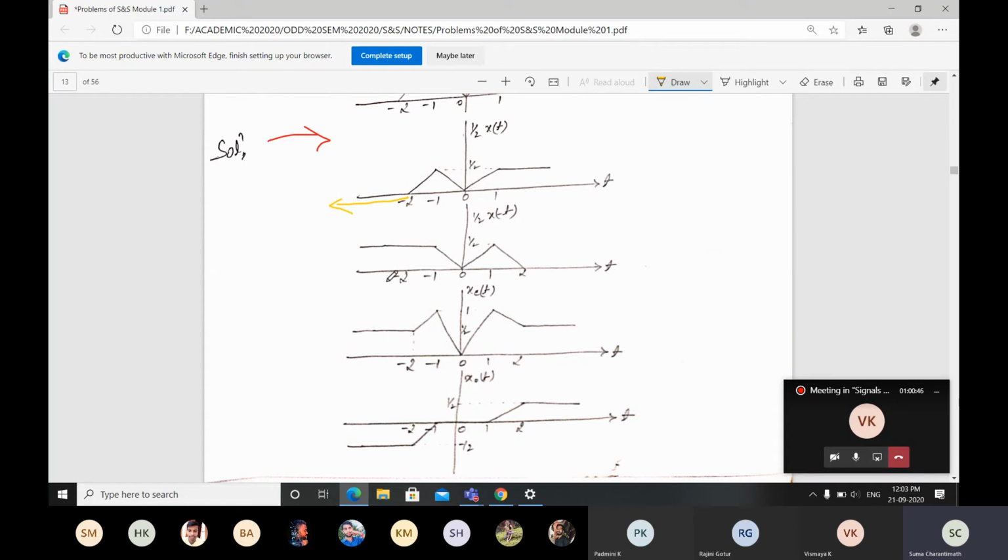Here, from minus 2 till infinite value, it is having the amplitude as 1 by 2 only. You should not mention minus infinity, just imagine it: from minus infinity to minus 2, the signal is having the amplitude as 1 by 2 only.